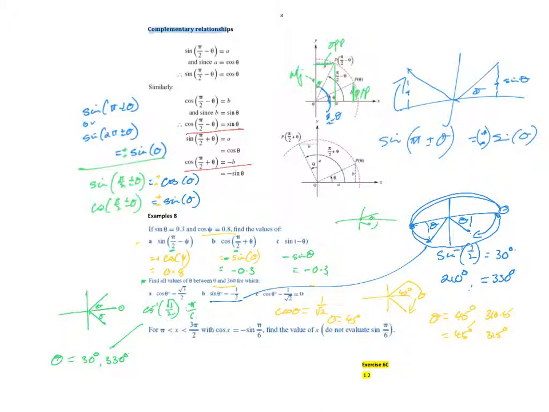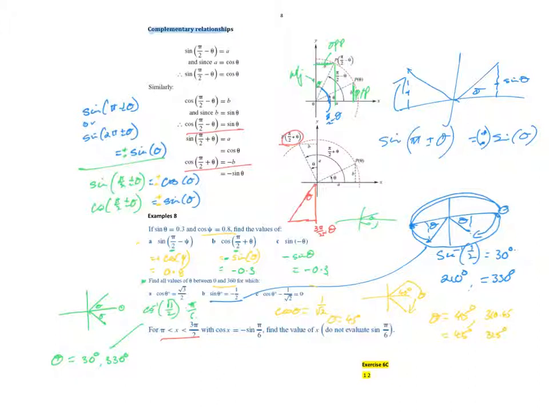If I look at the quadrant we're in and extend this diagram out here, see this pi on 2 plus theta? Well, that could be 3 pi on 2 minus theta.